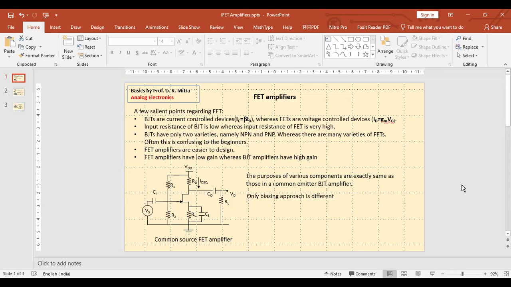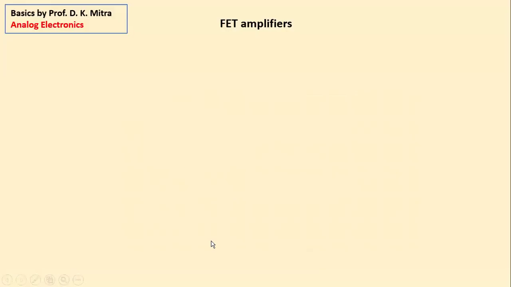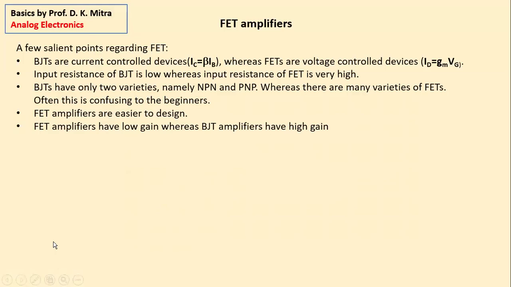Now, while discussing FET amplifiers, a few salient points of a FET we need to recollect. One is here, you have it in front of you. BJTs are current control devices.